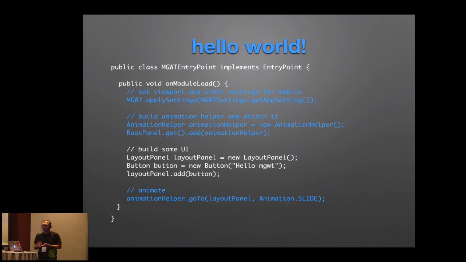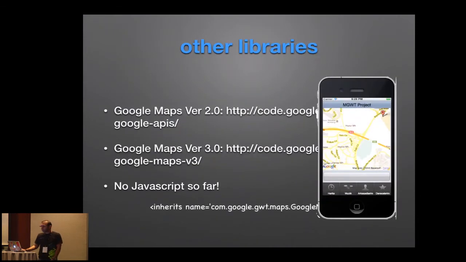The only difference is you're using an animation helper, building your layout and changing your layout with the help of the animation helper. So for a Java or GWT developer, the learning curve is pretty easy.